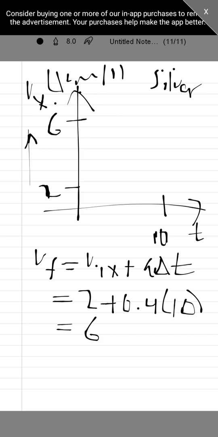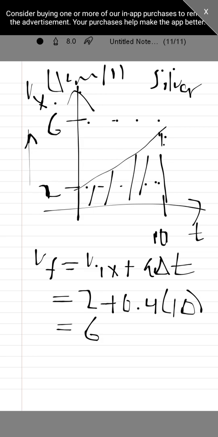So we have a graph like this. This is the area under the graph. So actually you can calculate displacement, using splitting maybe this area, area 1, area 2.